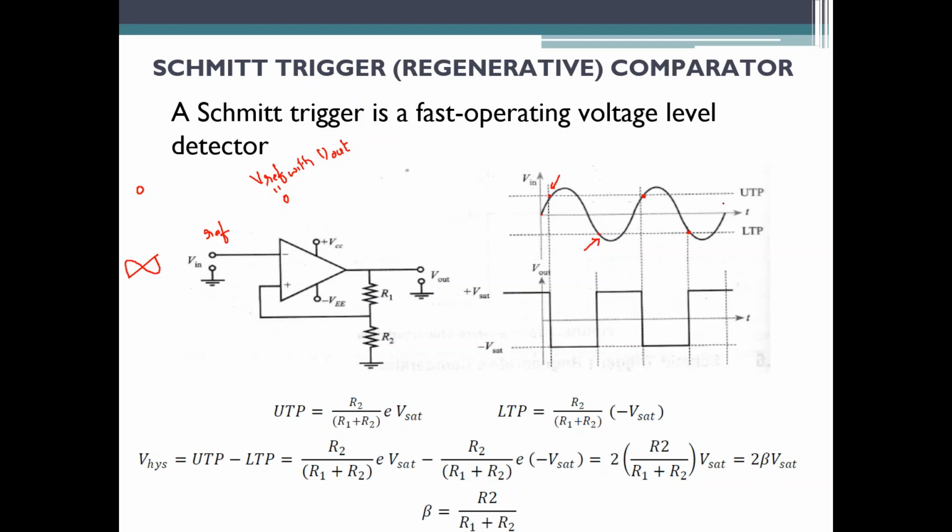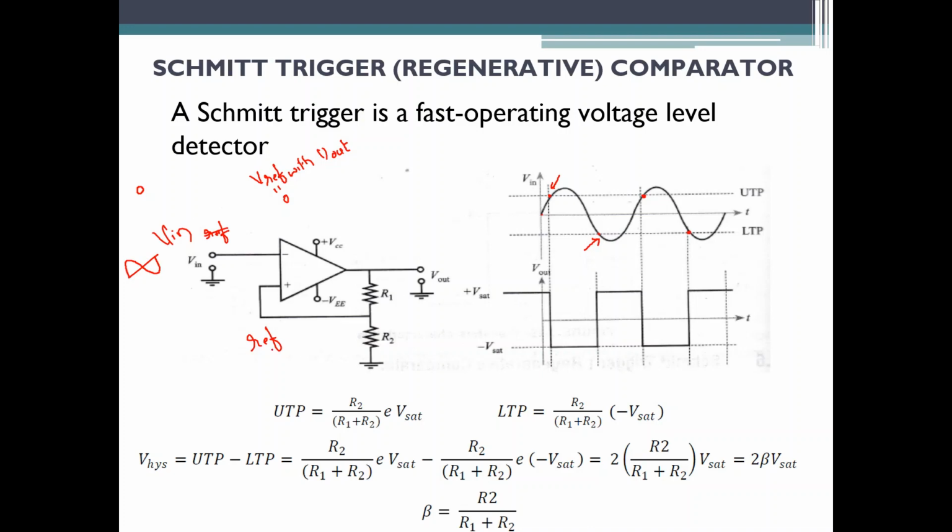The positive reference whatever you have set is called the upper triggering point and the negative reference or the lower peak is called the lower triggering point. The upper triggering point and the lower triggering point are basically set by the voltage you are applying. For time being, we'll say that this is your reference voltage and this is your input.